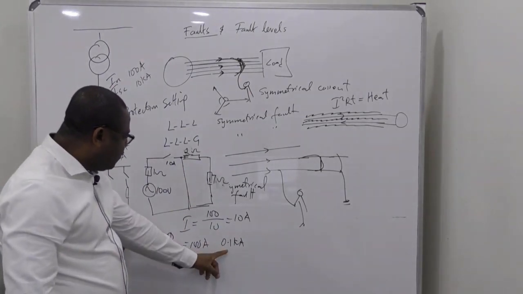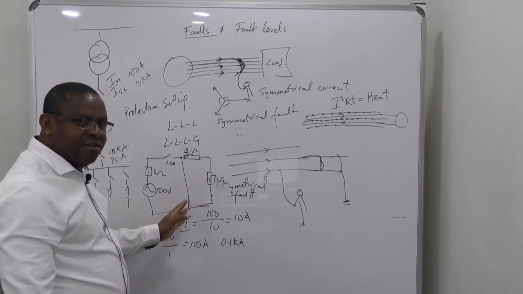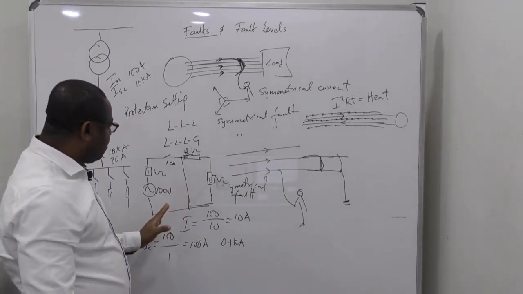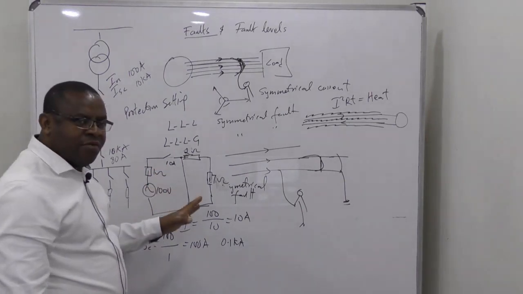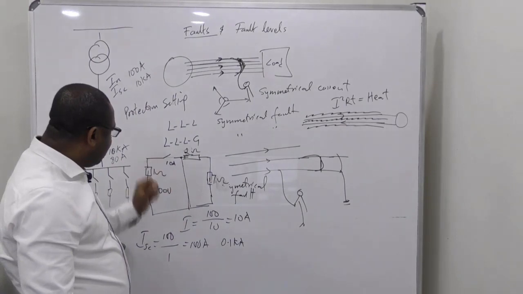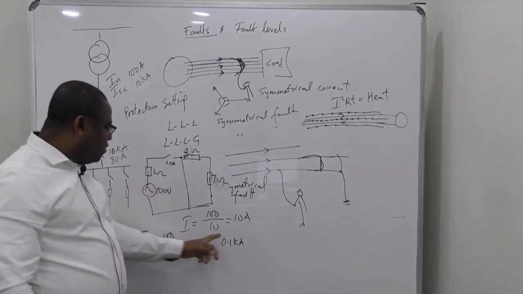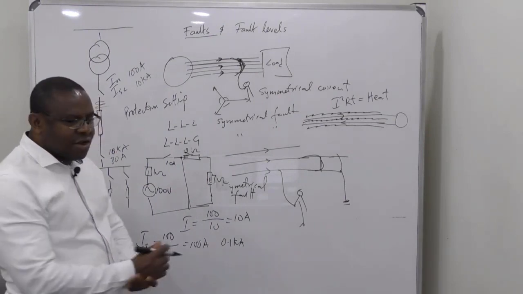So that means I have two ratings. This one is just for nominal operation of the entire system when there's no fault. The breaker is rated 10 amps, and anything above 10 amps trips. But if there's a short, the breaker should even handle that amount of fault current. That is where the short circuit rating comes in.